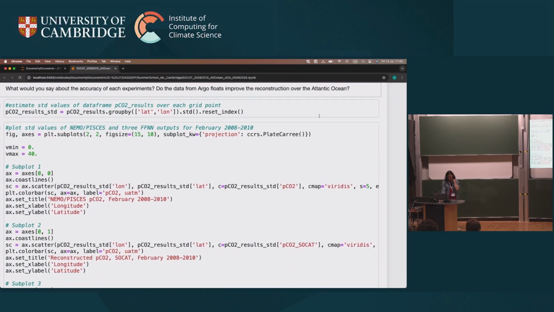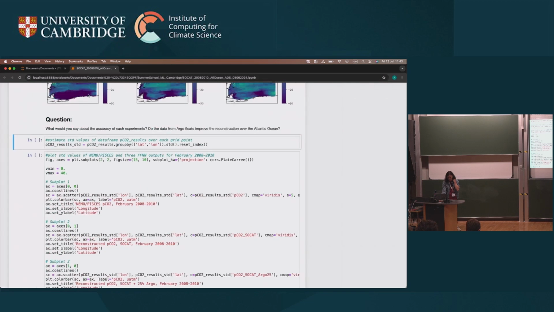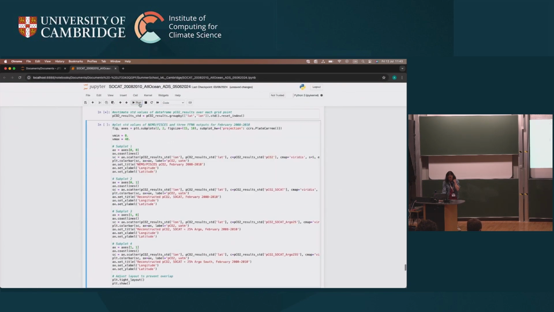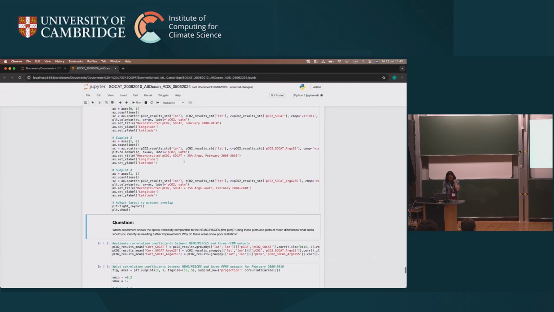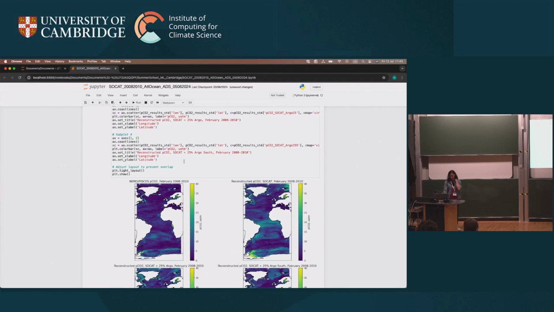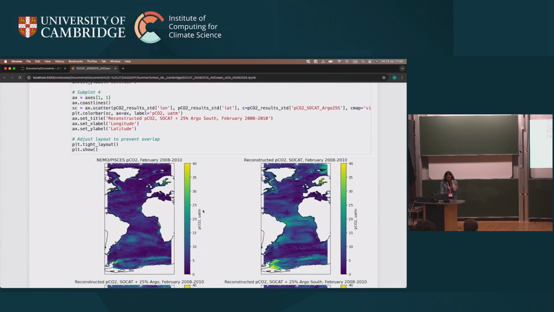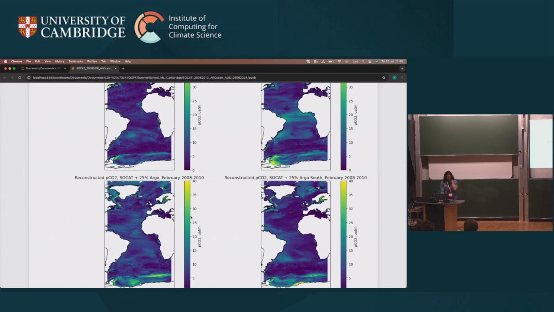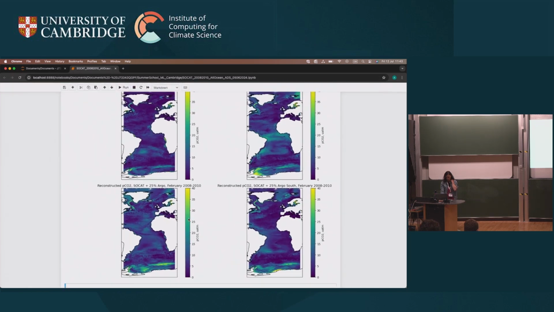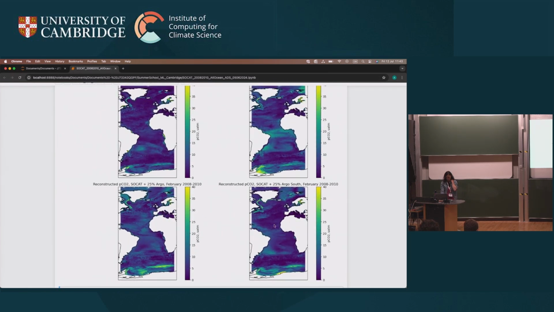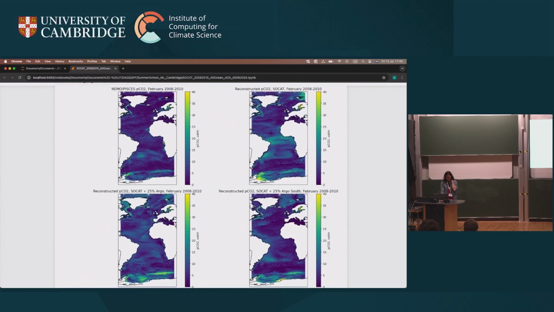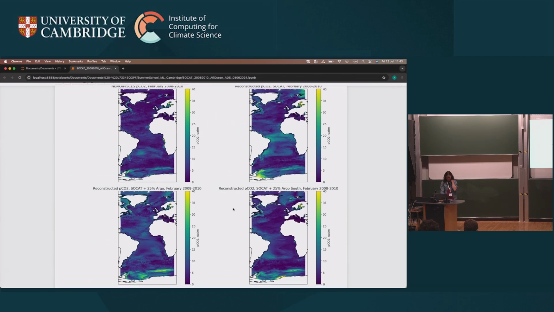Okay, and yes, so here, let's plot the standard deviation. It shows us more about the variability of pCO2 compared with what we have in the NEMO-PISCES model. So the first is NEMO-PISCES, and these are our three different models.